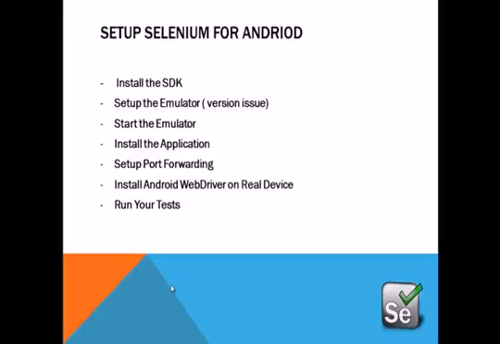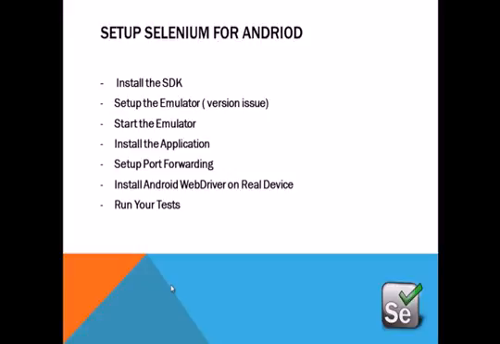And let's talk about how we set up Selenium for Android. First you have to go with the SDK, then install the emulator. There's a version problem currently. Currently 2.2 is the most suitable one for the emulator, but if you want to go with the device directly, it's okay, you can go with 3.2.